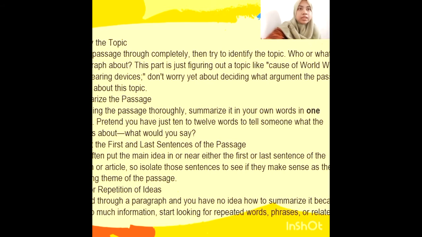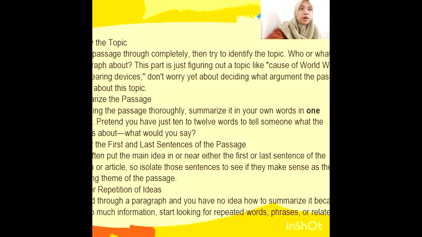Second, summarize the passage. After reading the passage thoroughly, summarize it in your own words in one sentence. Pretend you have just 10 to 12 words to tell someone what the passage is about. What would you say? Third, look at the first and last sentence of the passage.